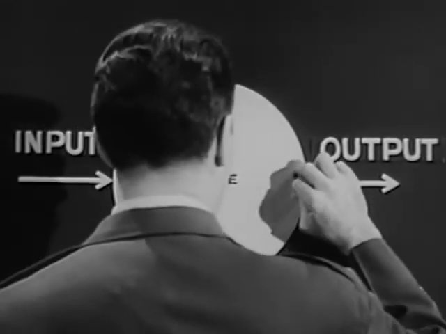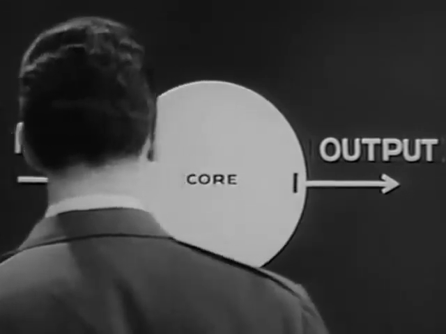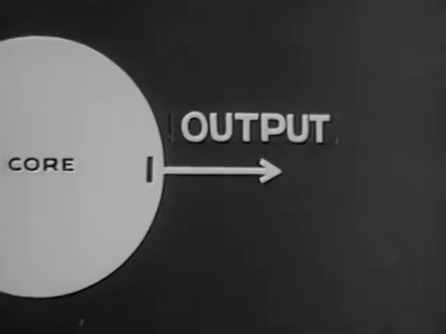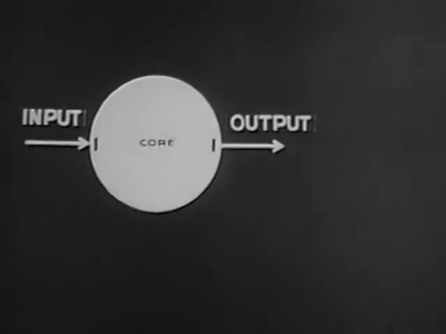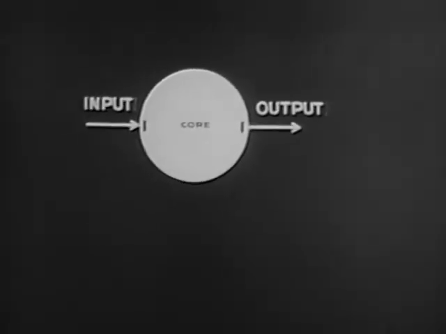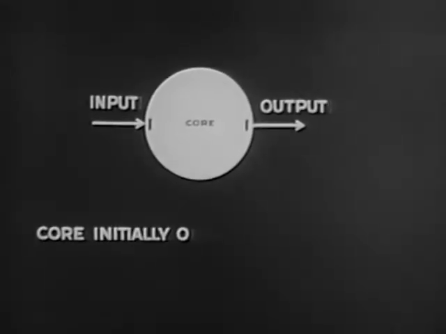A bit placed behind an output arrow means that when the core is switched to this state, an output will be induced. Here the core must be switched to 1 for an output to occur. If we remember that initially the core is either at 0 or 1, we'll see that these arrows and bits tell us 4 things about this circuit.